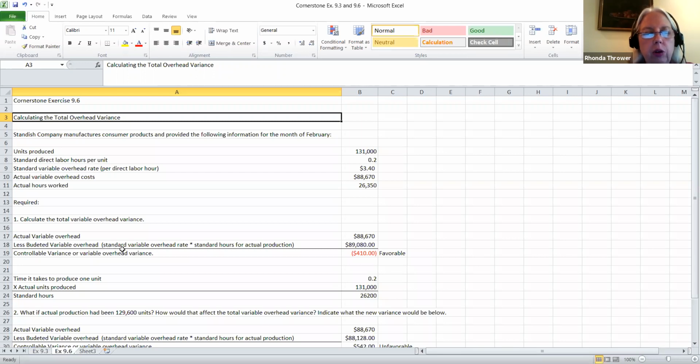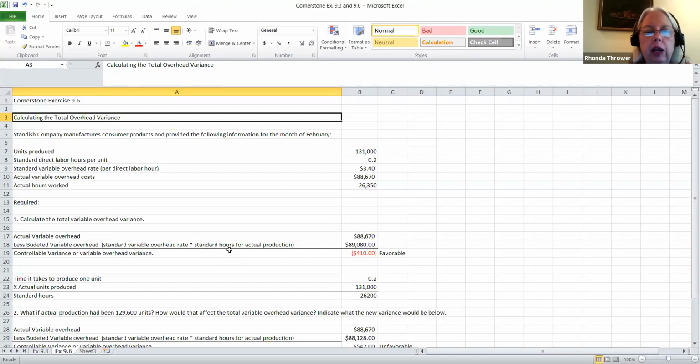The budgeted variable factory overhead is found by taking the standard variable overhead rate and multiplying it by the standard hours for actual production. The standard variable overhead rate was $3.40, but they did not give you the standard hours for actual production. You had to find those.